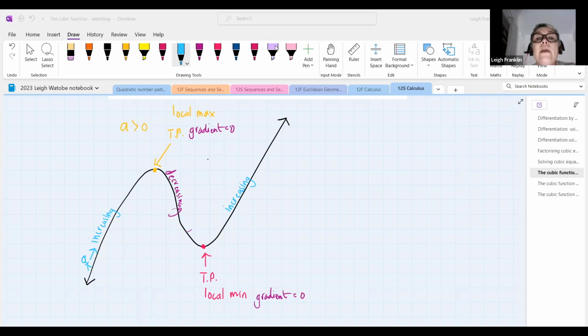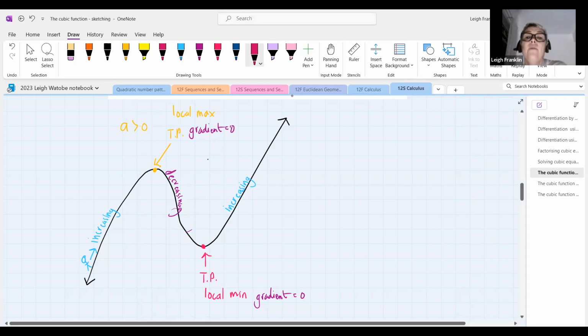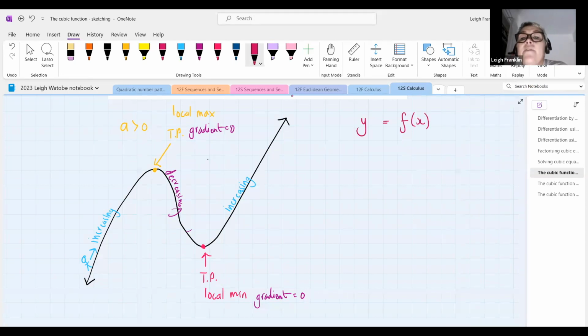So we use symbols for the words increasing and decreasing. Just quickly on the side, when I refer to y, I call it f of x. What symbol do I use for gradient? Okay, m.